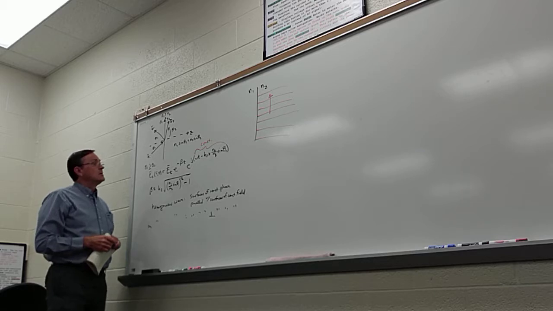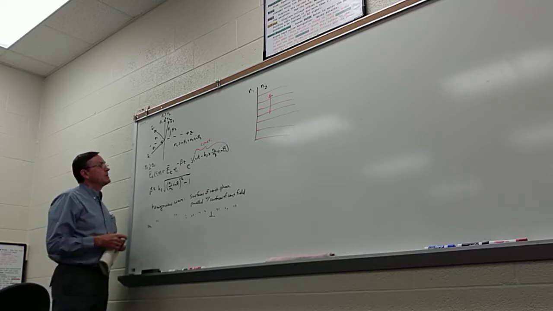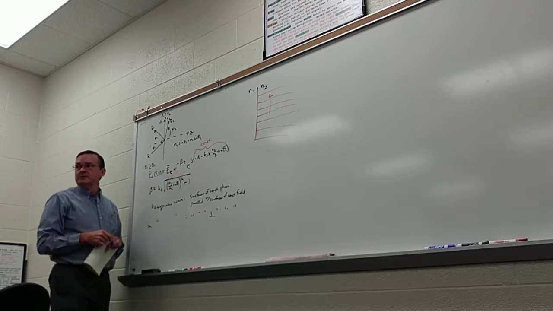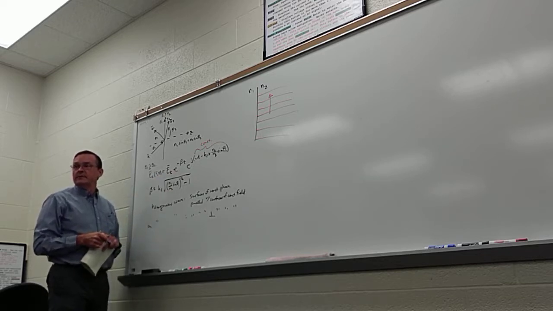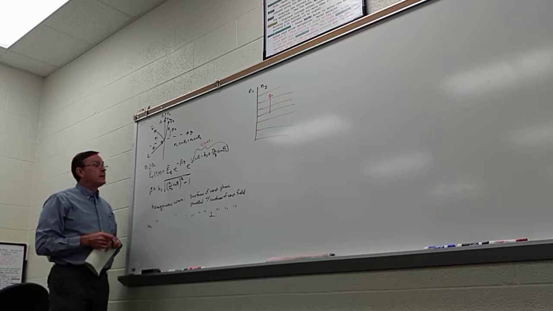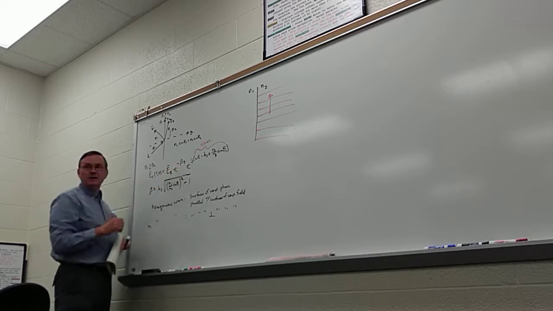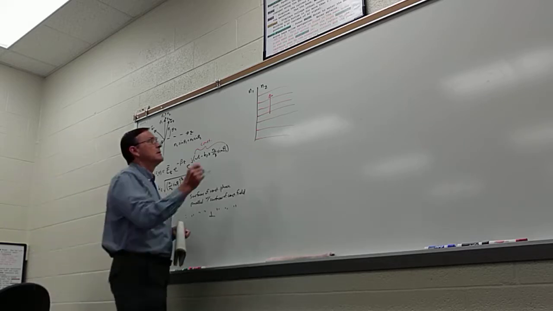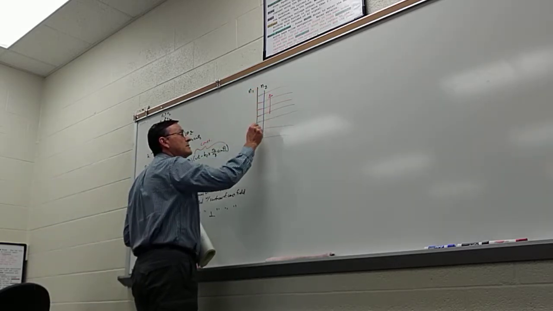So let's say we wanted a surface where this was 1 over e. Then that would have to be a surface for which z was a constant. If z is a constant, then that surface would look like this.